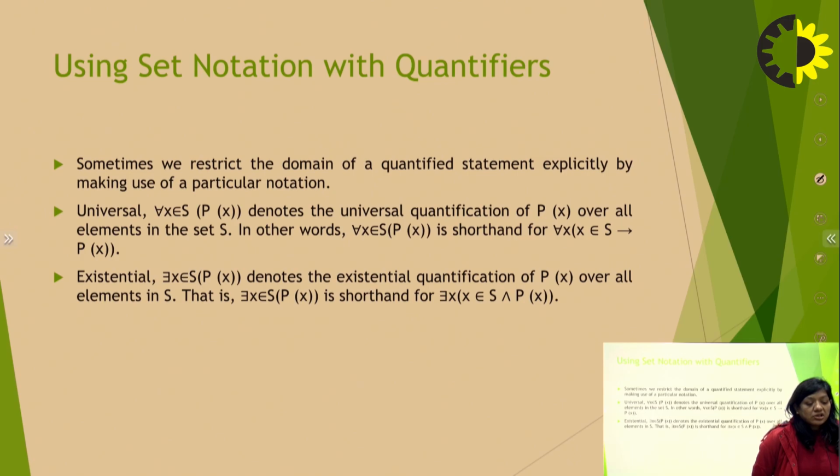And existential quantifier: there exists x belongs to S, P(x) denotes the existential quantification of P(x) over all elements in S. In short, we can write there exists x where x belongs to S and P(x).